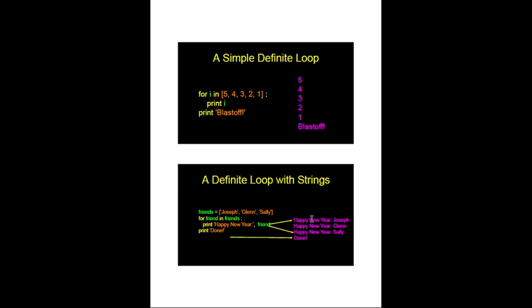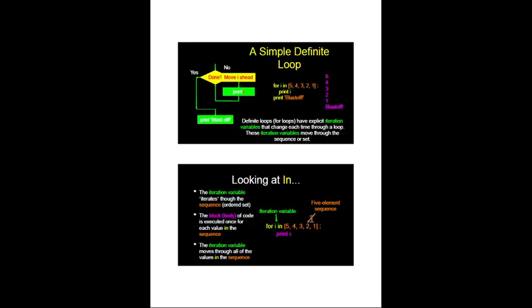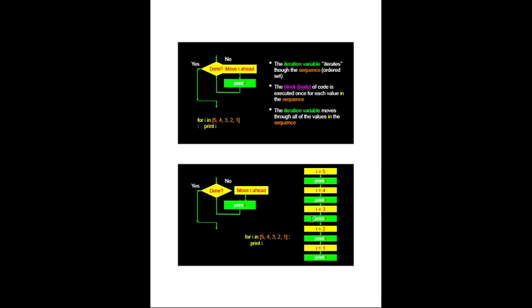So this is how it will be executed. You can have the for loop with strings also. So the loop will be executing in iterations, one by one, getting the values assigned. That is what I've explained with this particular slide.